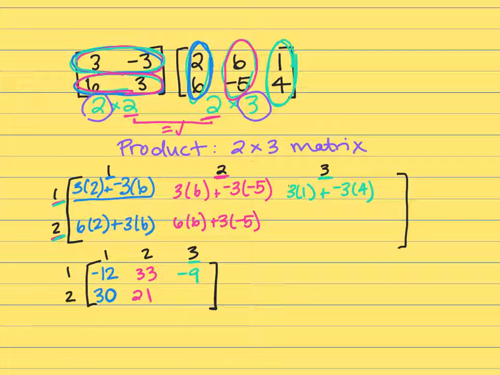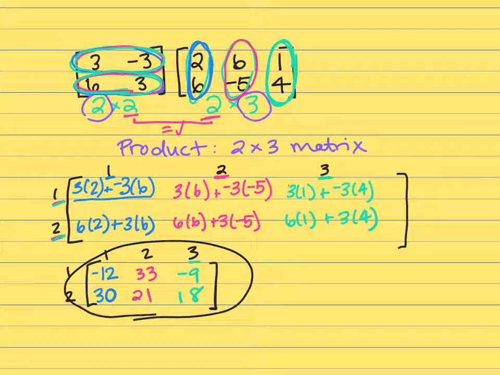Second row, third column. So again, second row of the first matrix, third column of the second matrix. So we get 6 times 1 plus 3 times 4. 6 times 1 is 6 plus 12 gives us 18. So then this is our answer matrix.